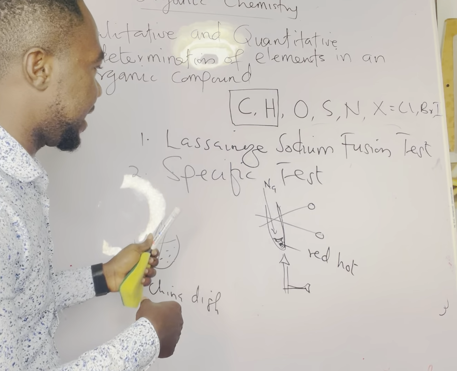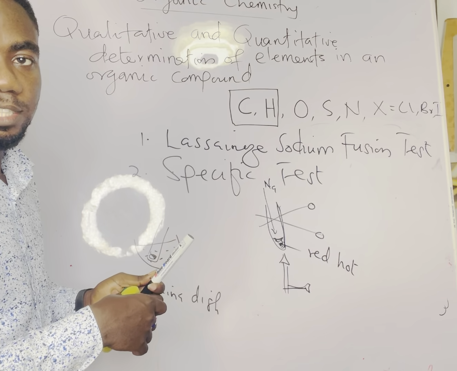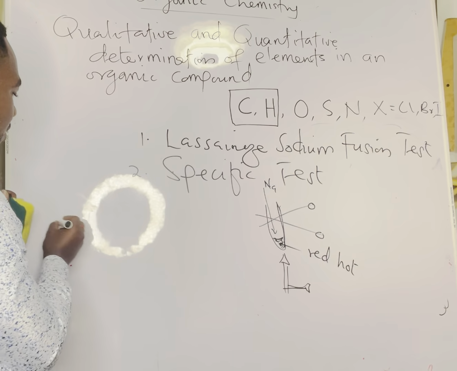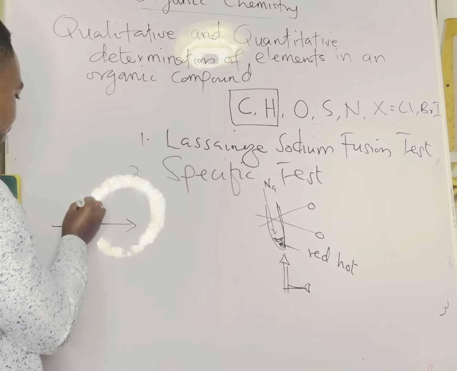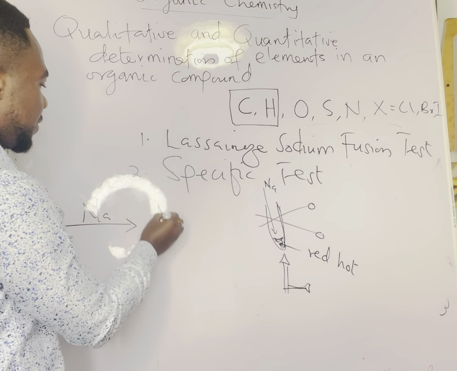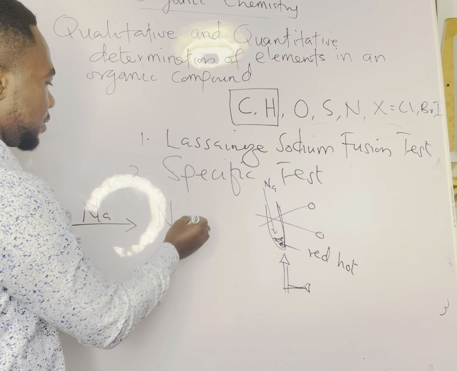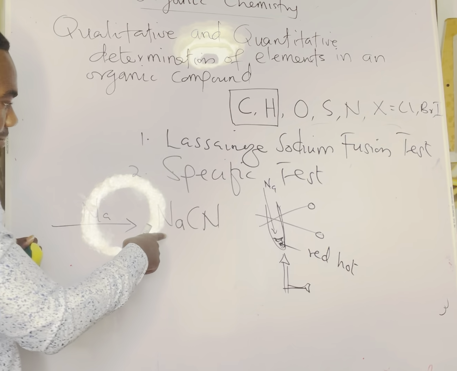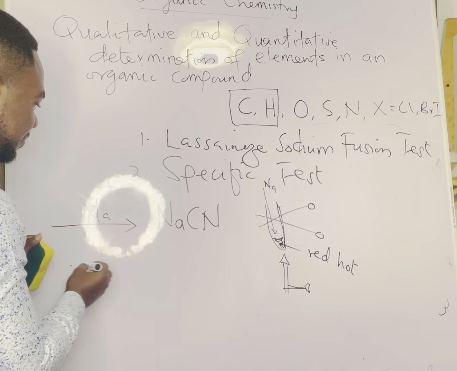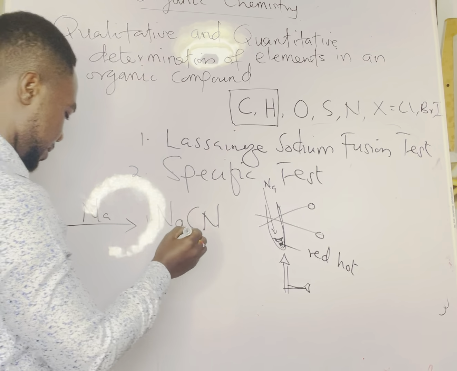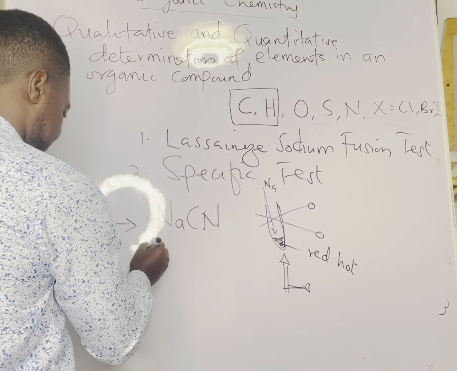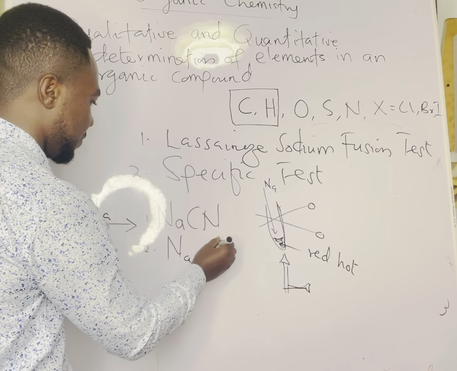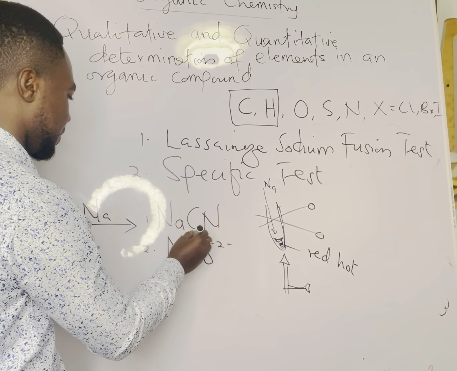The filtrate from the Lassaigne Sodium Fusion Test contains this. You have your sodium bonding with the carbon and nitrogen, number 1. We also have your sodium bonding with sulfur, like this.